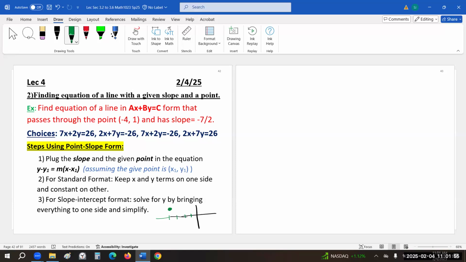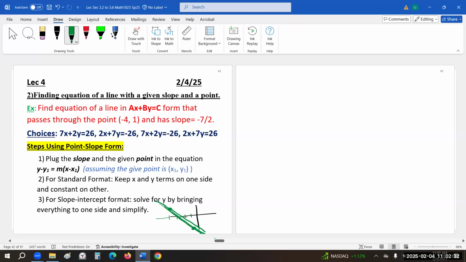So from this point, you go 7 units down, 2 units to the right, and somewhere here you can find another point, and whatever line that is, that's the equation of the line you're looking for. But we are not going to use the slope to get from 1 point to another point. Instead, we are going to use the point slope format to get the equation of the line.